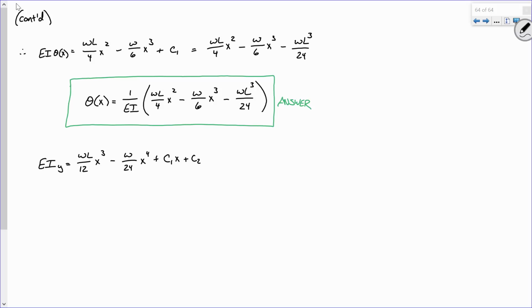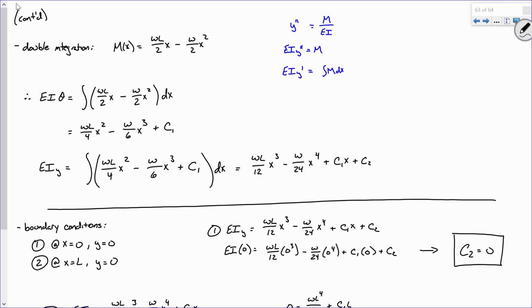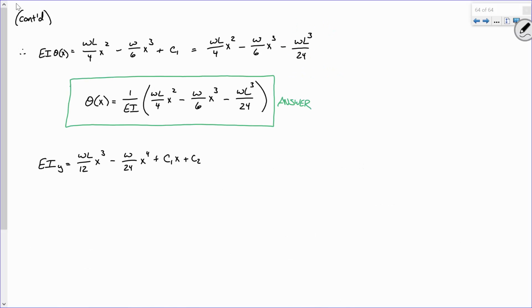That's what we originally derived, right? And that just came from right here. Just integrating it out and chugging it out. Sound good? All right. So, plug in our constants. What was C2? 0. What was C1? WL cubed over 24, right?